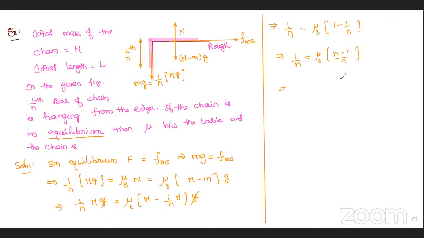So n cancels. I got mu_s is equal to 1/(n minus 1). This is the shortcut formula to find the coefficient of friction. If you have any doubt in my explanation, you can raise your doubt.